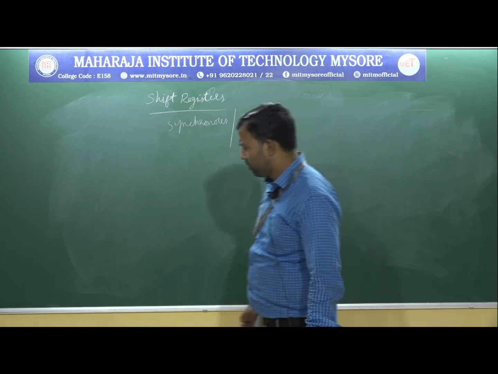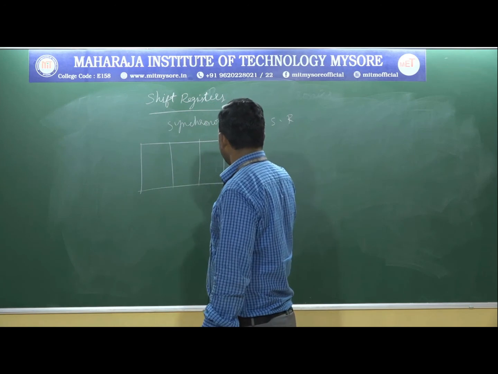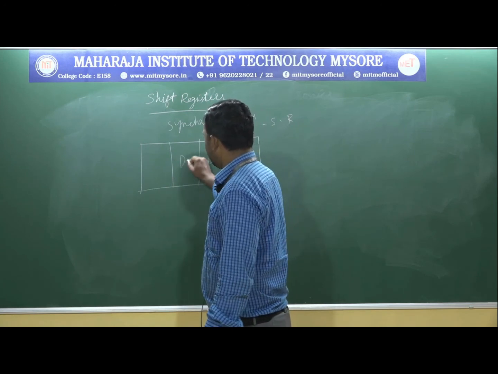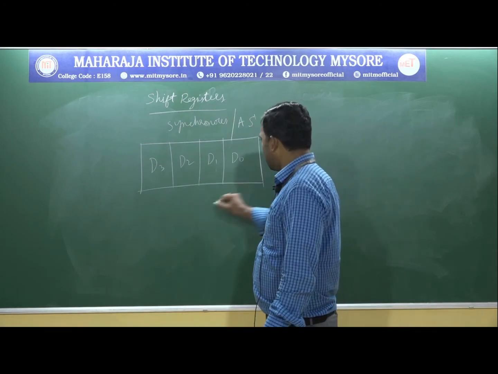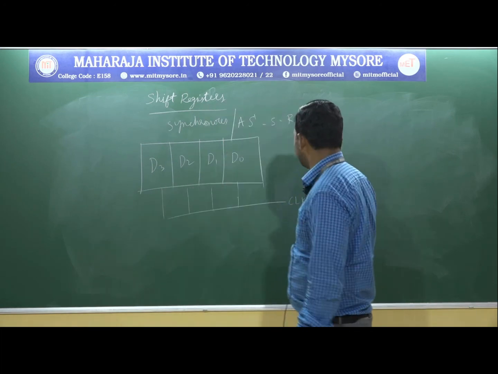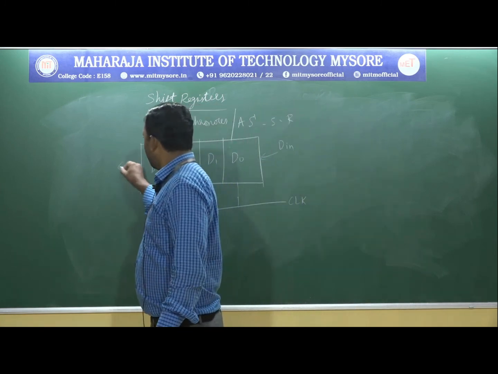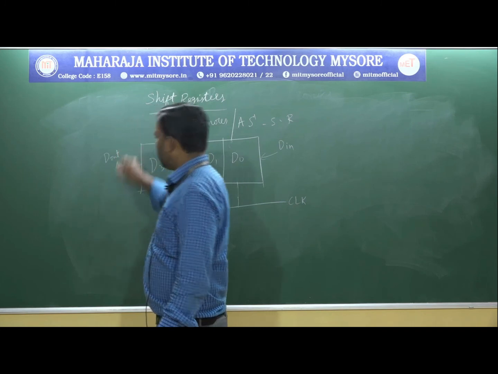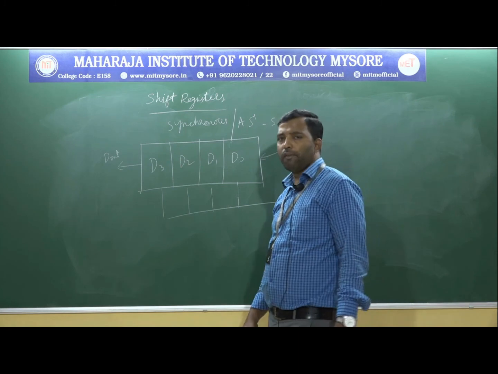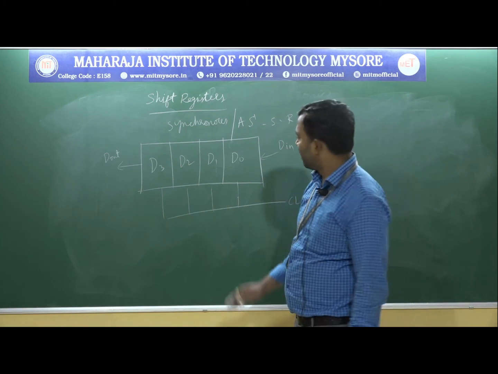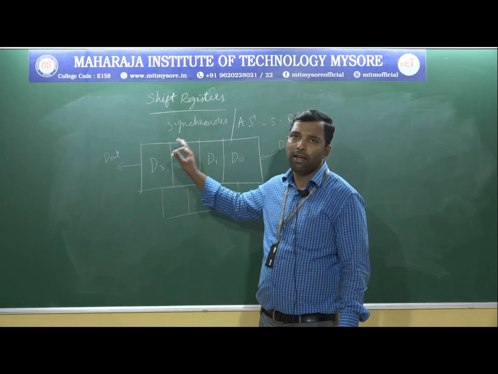So for a shift register, for example, consider a data. Assume that this is D0, this is D1, this is D2 and this is D3. The clock is applied for the operation. This is the clock, this is the data in and this is the data out, in a left shift operation. Whenever you apply the clock, the data is shifted by one position to the left.